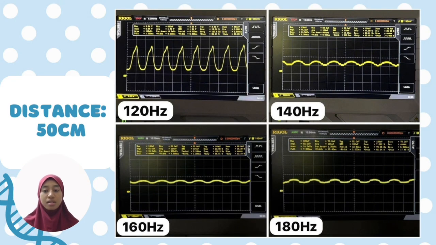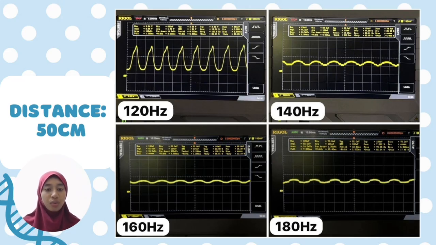The next one is the distance of 50 centimeters. At 120 Hz, the peak is not really accurate because the photodiode is not working well.